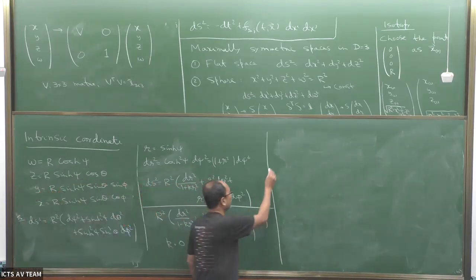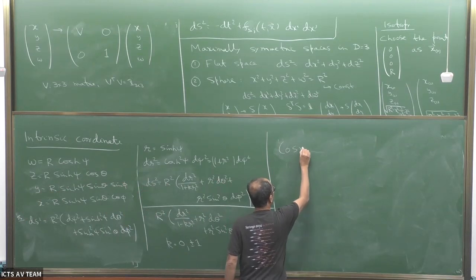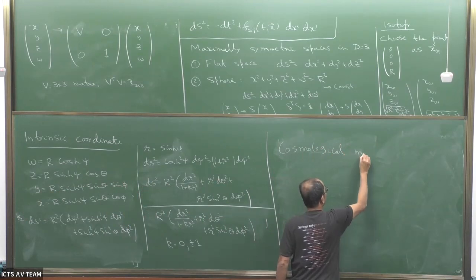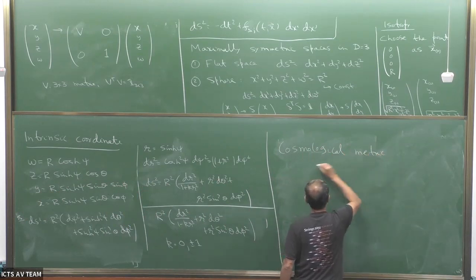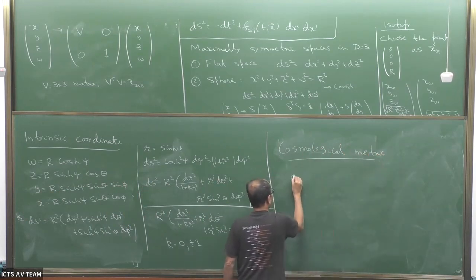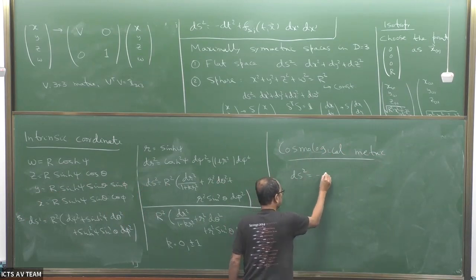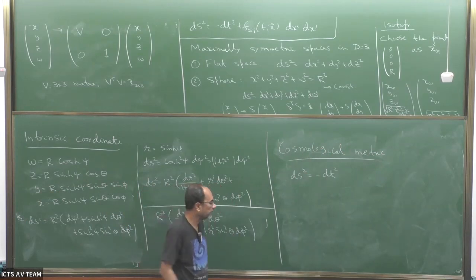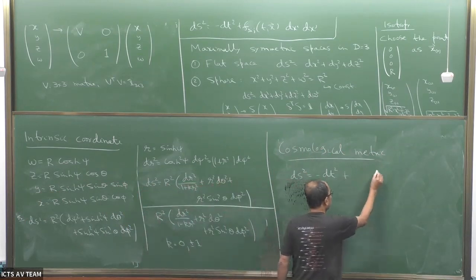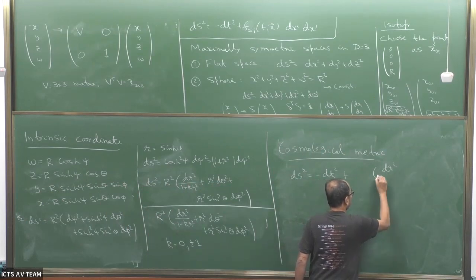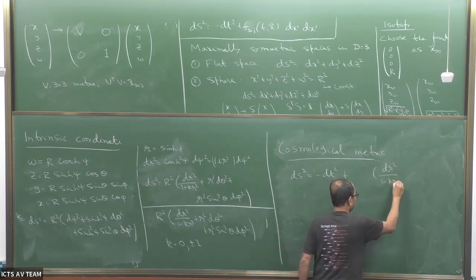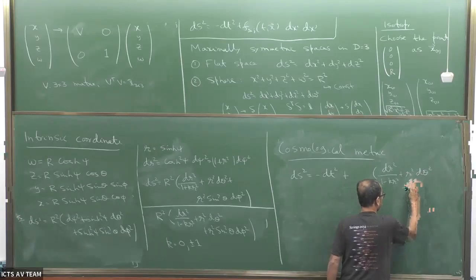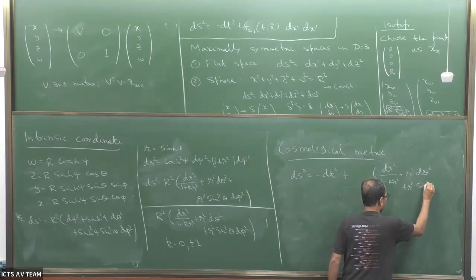So the general cosmological metric is minus dt squared, that F1 you have already gotten rid of, plus dr squared over 1 minus k r squared plus r squared d theta squared plus r squared sine squared theta d phi squared.